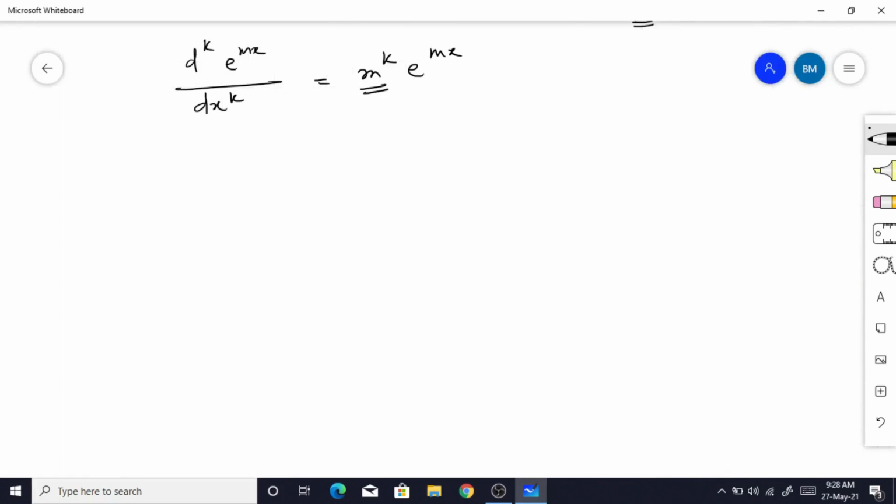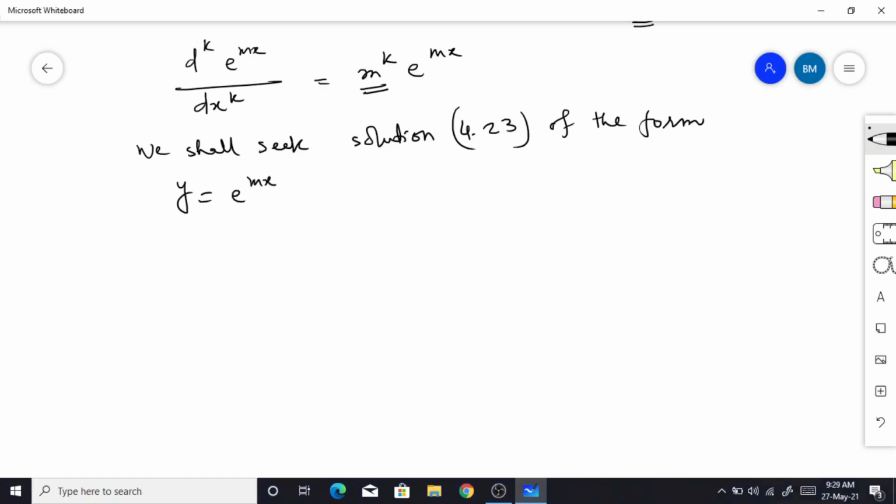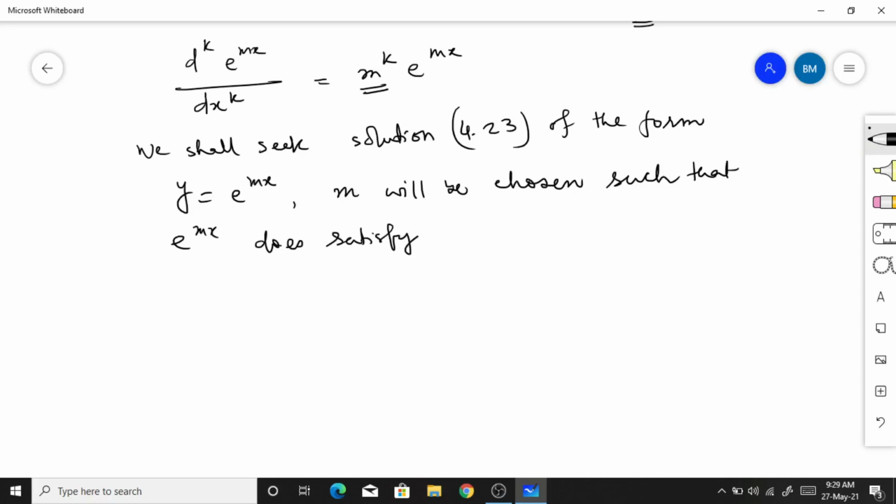Thus we shall seek a solution of 4.23 of the form y = e^(mx), where the constant m will be chosen such that e^(mx) satisfies equation 4.23.